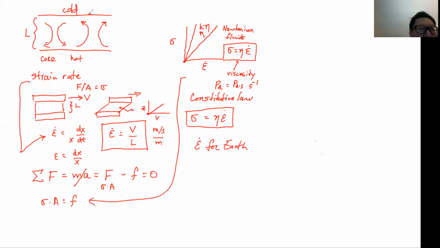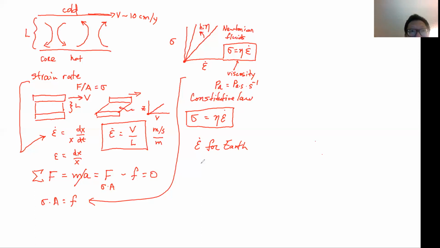The upper plate is moving at some velocity, let's say about 10 centimeters per year, and that's acting over 3,000 kilometers. Well, if it's symmetric, there's convection, so maybe the length scale over which shear is happening is about half that, 1,500 kilometers. We're just looking for order of magnitude, so we'll just take 1,000.